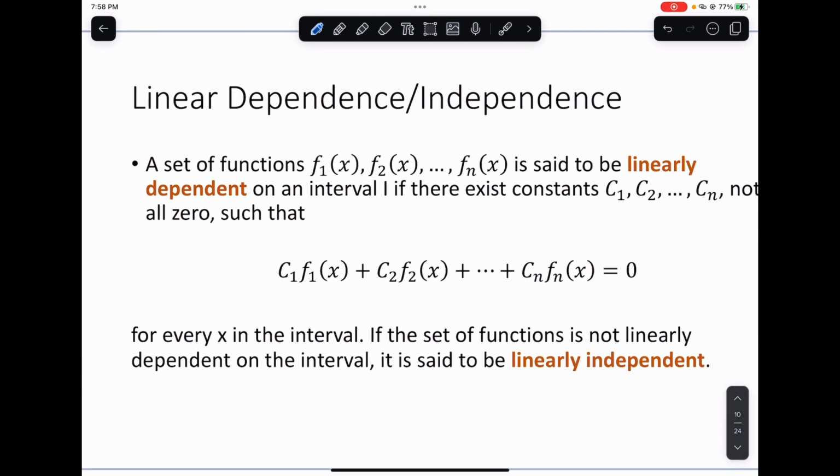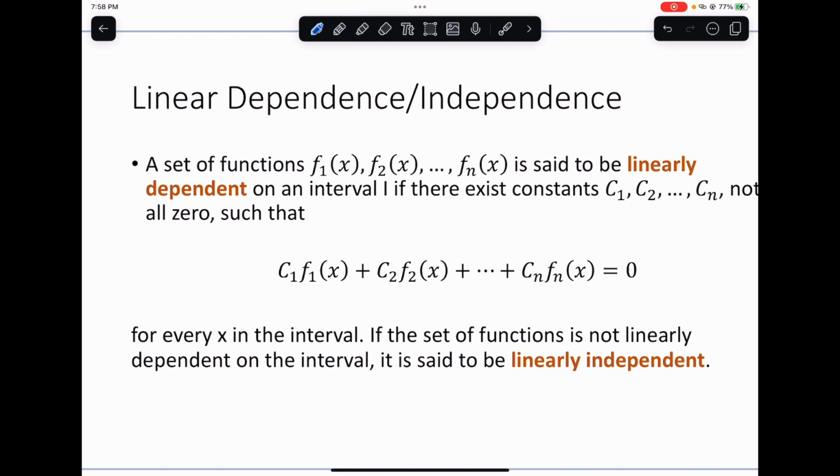Another thing that we need to cover would be the linear dependence and independence of the solutions. In a given differential equation, the solutions are said to be linearly independent with each other.